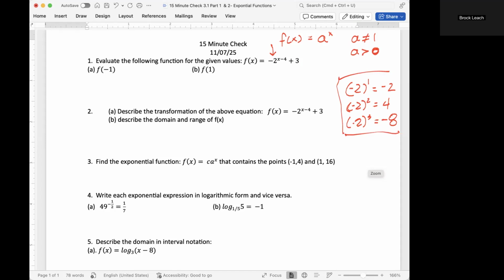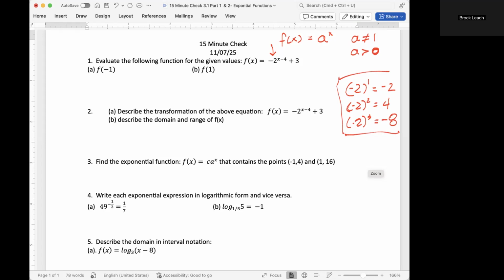Anybody? You can type your answer into the chat box. Here's a question.